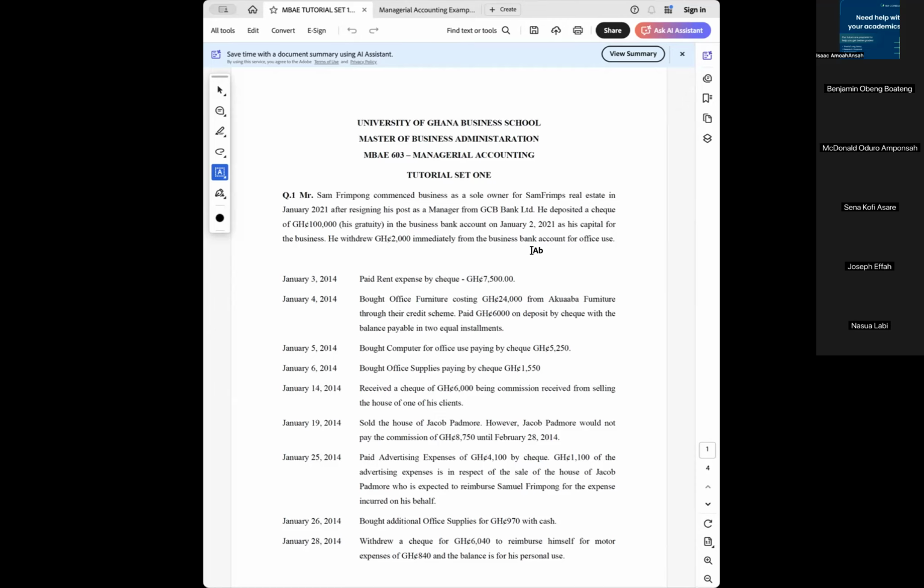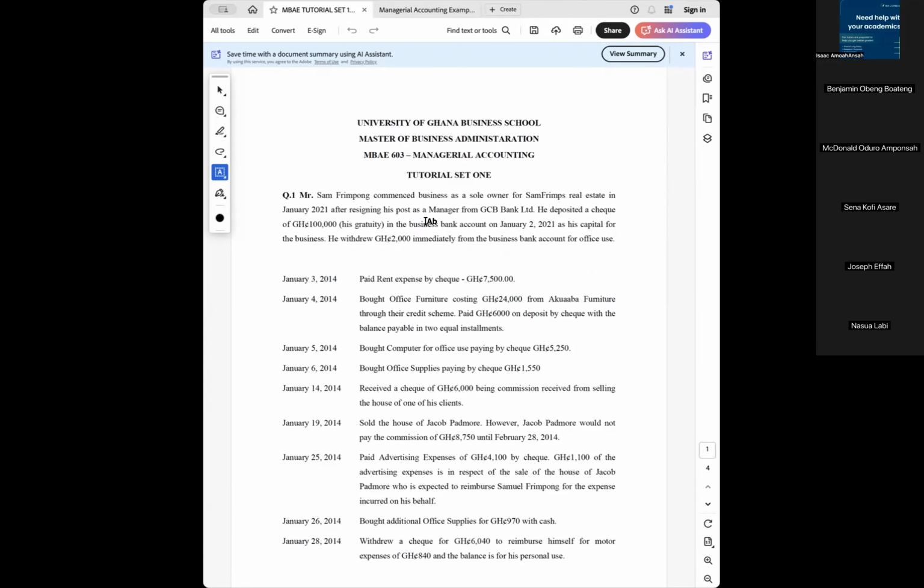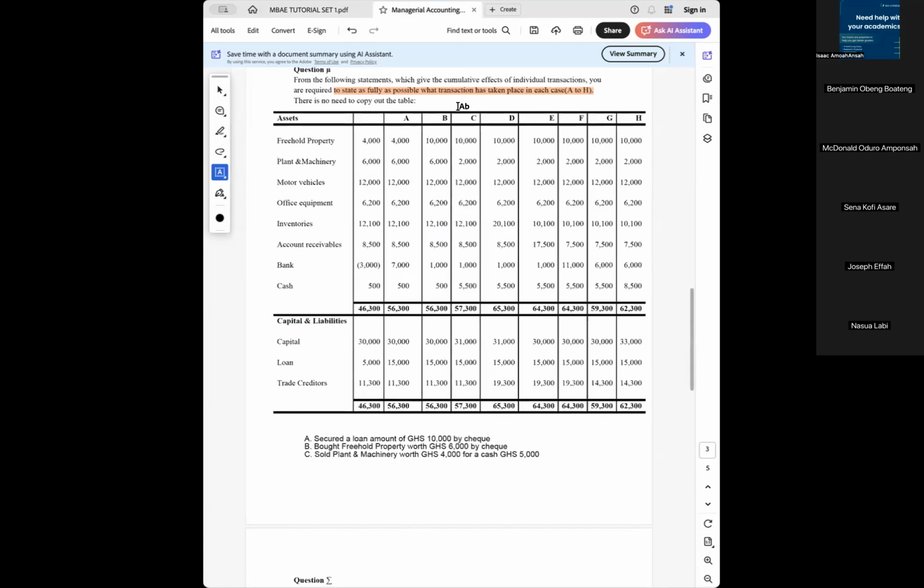The transaction is 2 transactions happening on the same day, but its effect may be shown on different elements altogether. That is what I'm trying to put across.